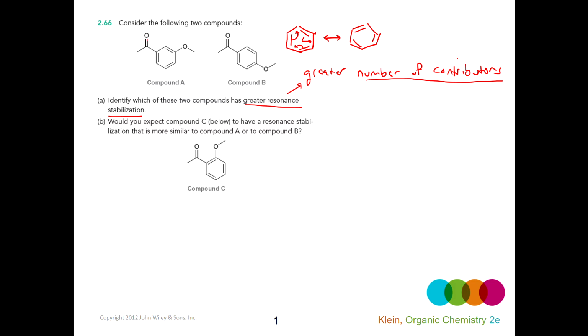What we need to look for are some of the other patterns. So both of these structures also have the pattern where I have a pair of pi electrons shared between elements of different electronegativity. The oxygen can pull these electrons up over here just like it can over there. So in that area of the structure, we'll just look at compound A first. I want to redraw everything else as it's initially shown.